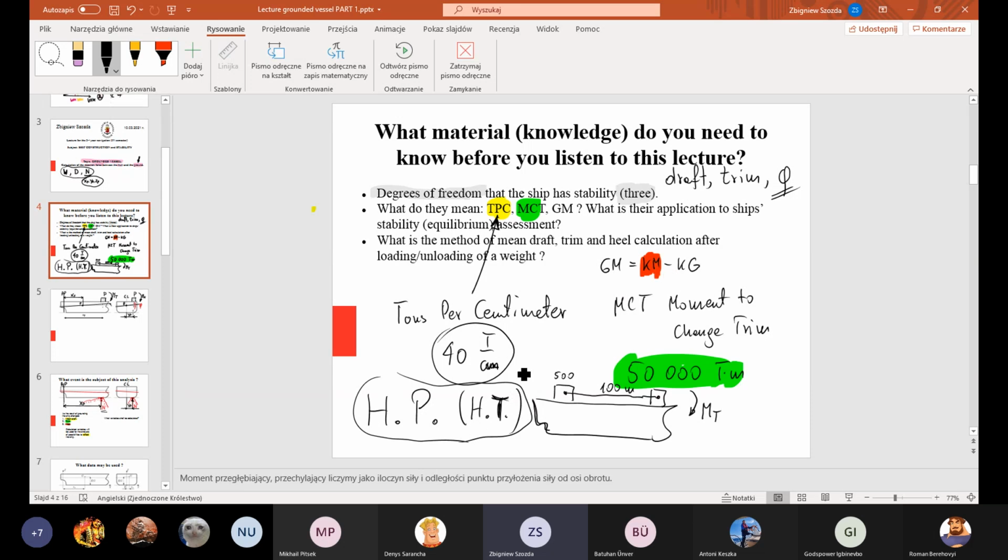And hydrostatic tables are one part of, in general, ship documentation, at least from our point of view. Okay, fine.